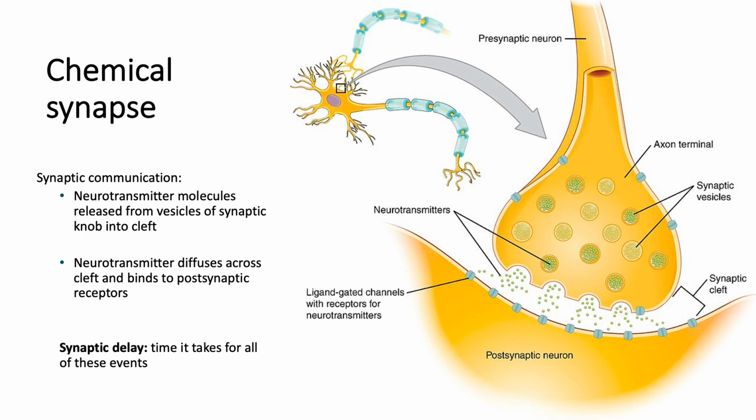And then it has to diffuse across that cleft and bind to postsynaptic receptors on the postsynaptic neuron. And this does take a little bit of time. In fact, on average, it takes about 0.3 milliseconds. To put that into perspective, it takes you 300 milliseconds to blink your eye. So these events occur 1,000 times faster than you blinking your eye.